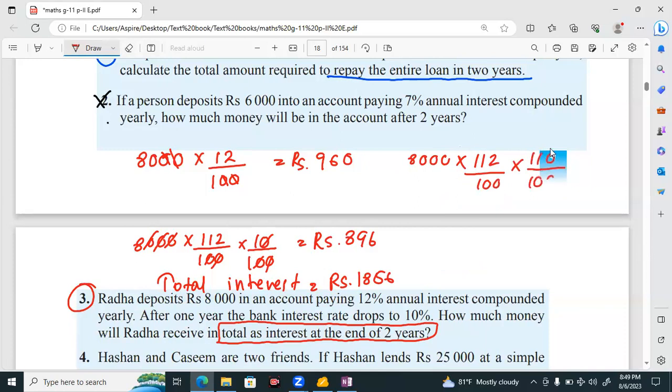I multiply by 110 because the interest has dropped to 10%. So this is the total amount at the end of the first year, and this is the total amount at the end of the second year. Then these are cancelled. We cancel. Then 11 times 112.